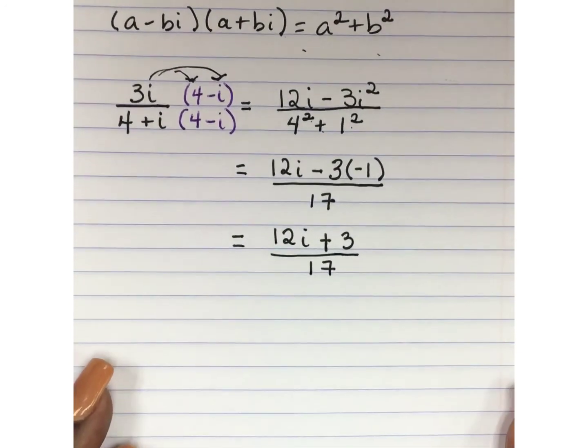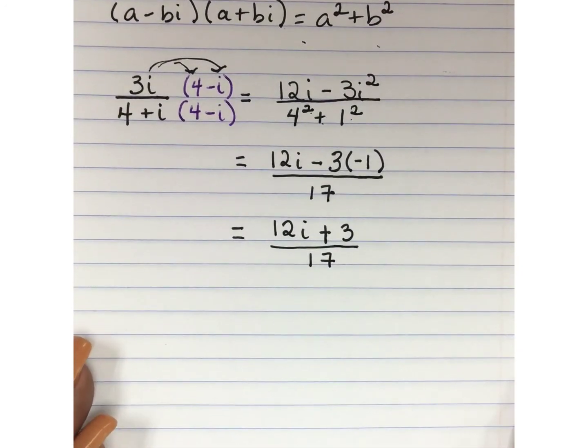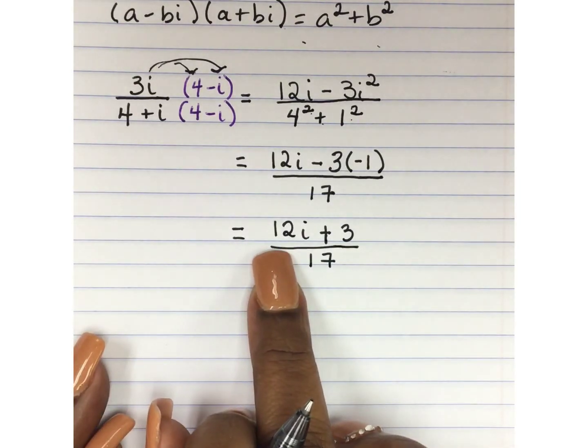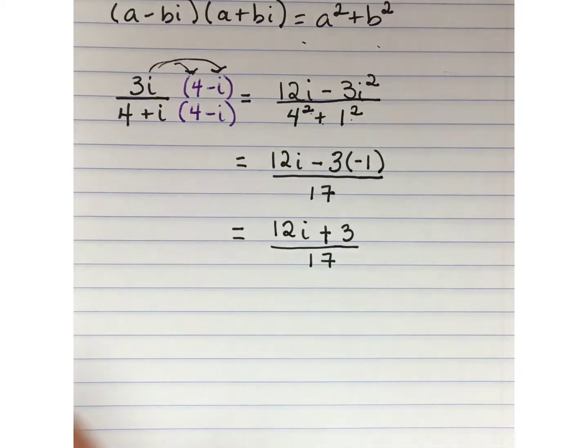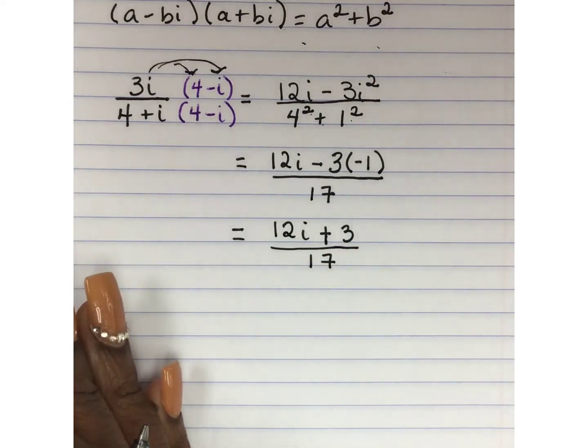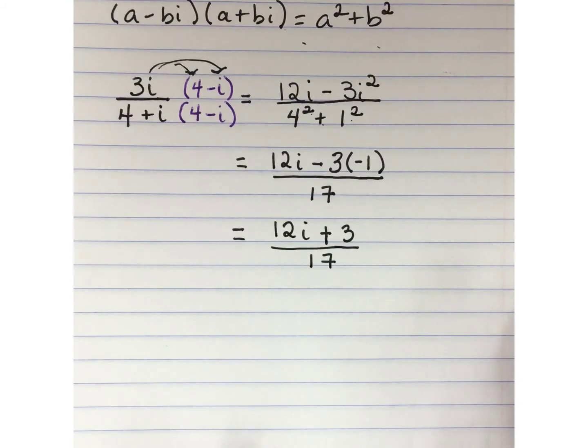Now, there are a couple of things wrong with this. One, the imaginary number appears first, and both of the numbers are together. It is very important that we separate the real and the imaginary unit.